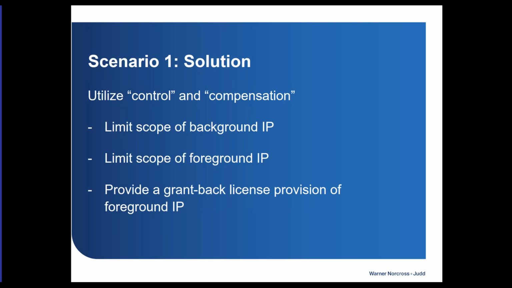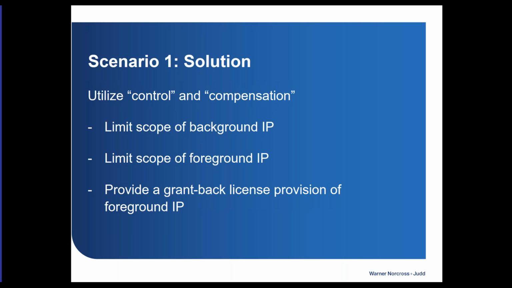So the solution here. We know we can't obtain ownership of this IP. Well, what can we do to balance the field? Well, we can utilize control and compensation. So with control, we can limit the scope of the background IP.